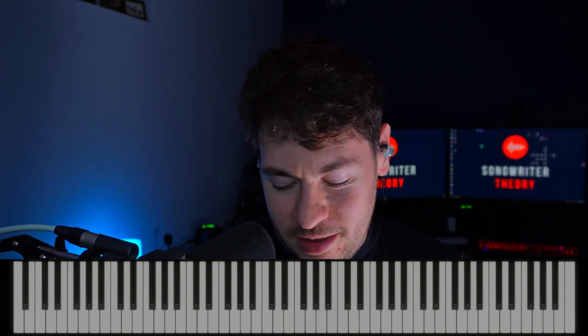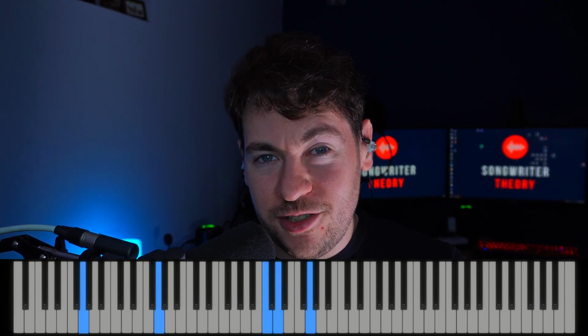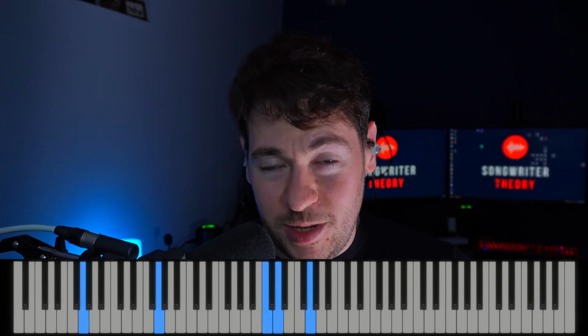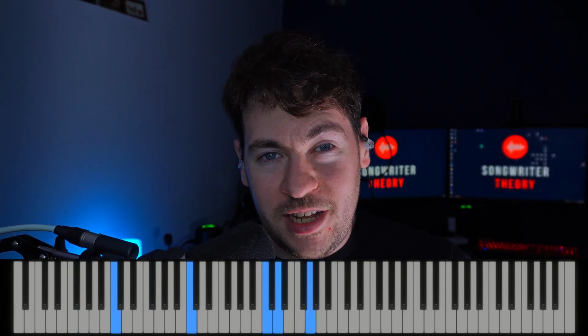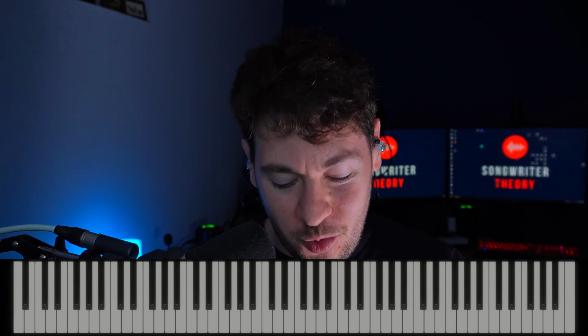Another nice thing about this is that just by changing the bass note, you actually are changing the entire chord that this is. So for example, in this context, this is a G major sus4 chord because we have G in the bass. But if we actually change it to have the 1 in the bass, this is going back to what we talked about in the last video for utilizing a sus2 chord for your 1 chord.